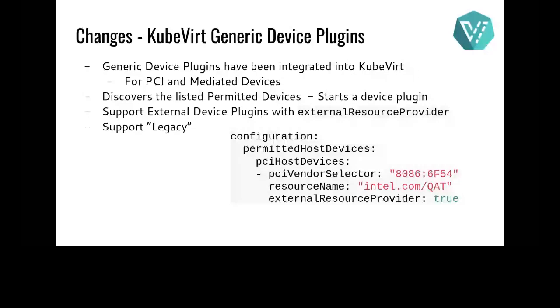The way it works is that KubeVirt will use the list of permitted devices in the cluster, discover these devices on the nodes, start a device plugin according to the type for these devices, and advertise it to the Kubernetes scheduler.